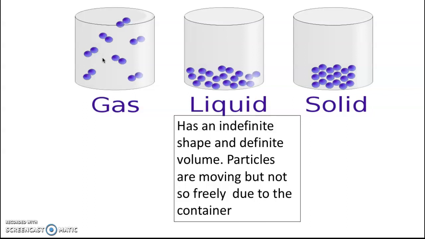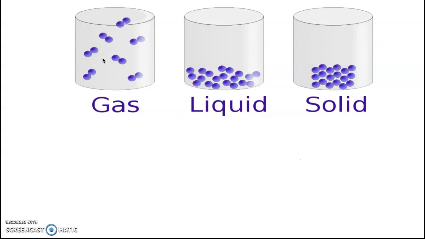When we come to a liquid, we have an indefinite shape because the liquid takes the form of any container that it's in, but we can find the volume because we use milliliters to do so. The particles are moving, but not so freely due to the container. They are able to move around, but not as much as gas. All right, let's go to solids.